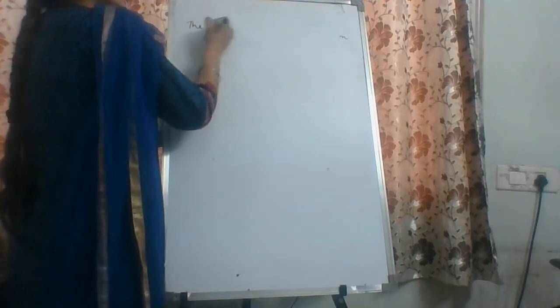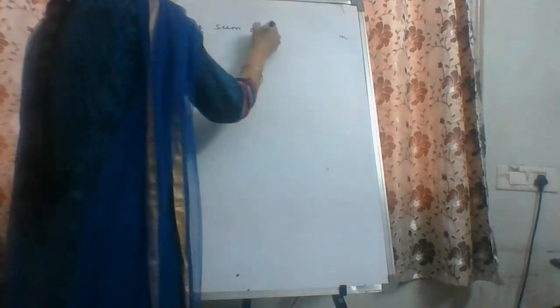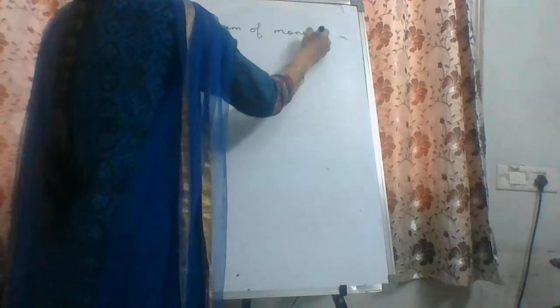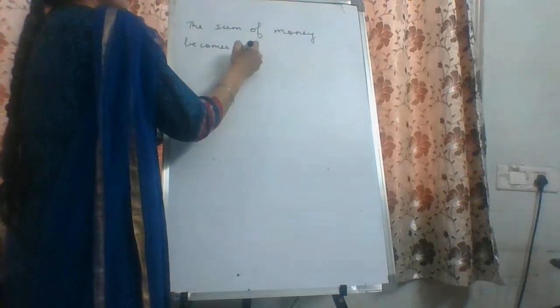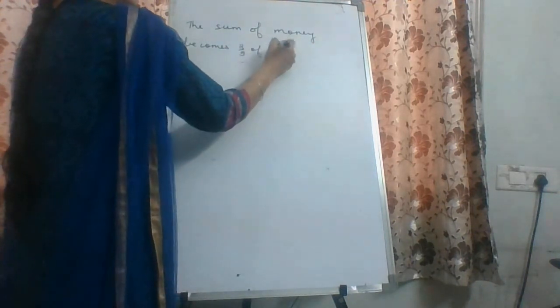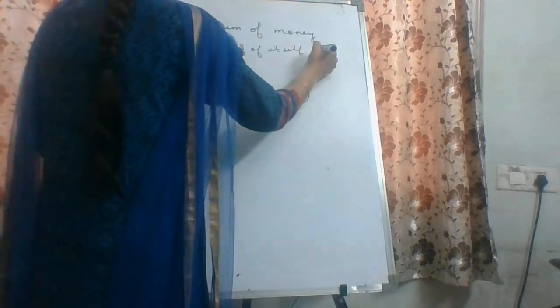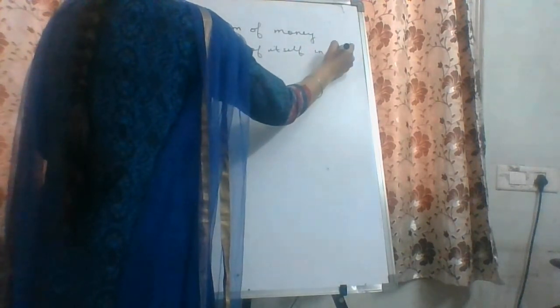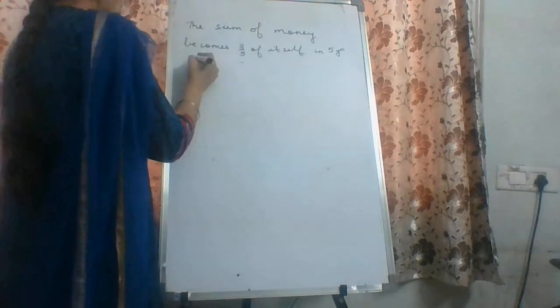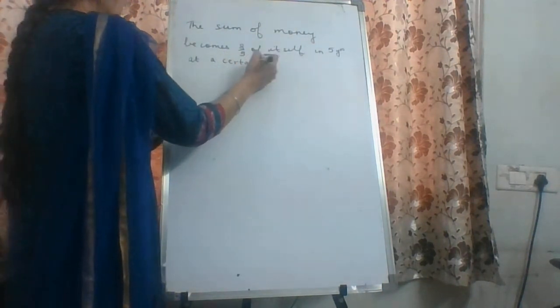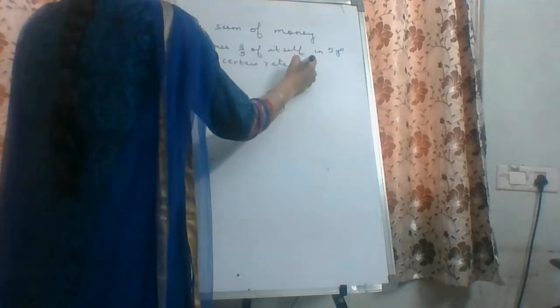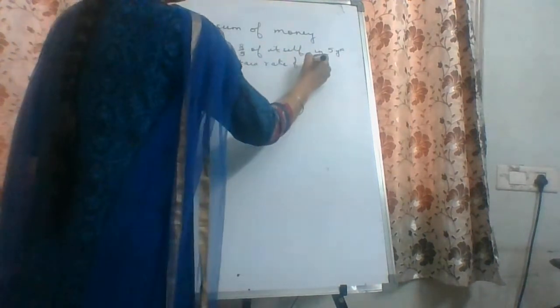A sum of money becomes 8/5 of itself in 5 years at a certain rate of simple interest.